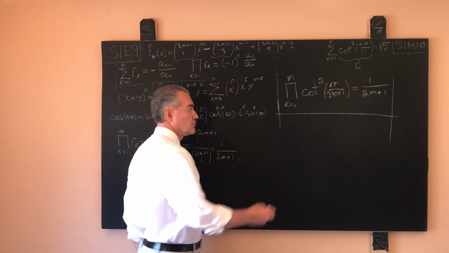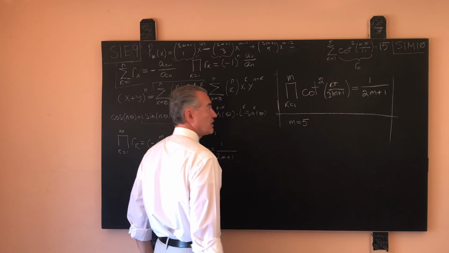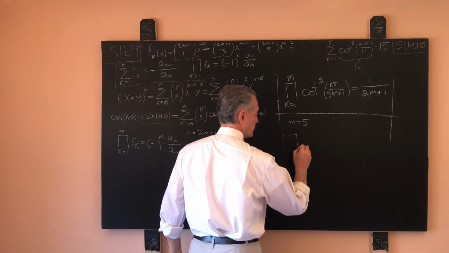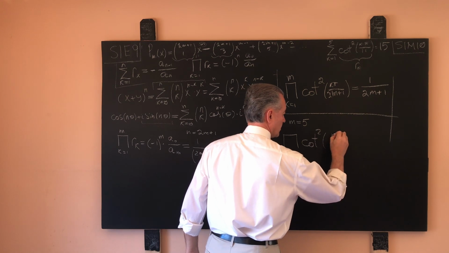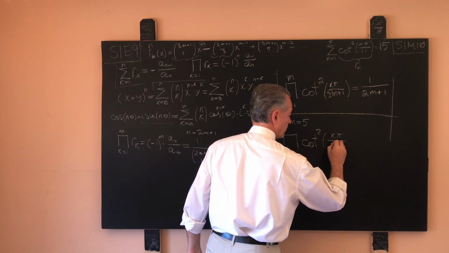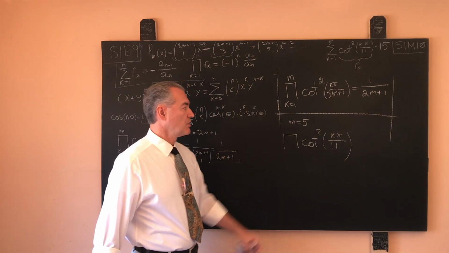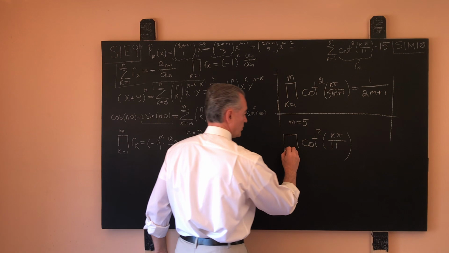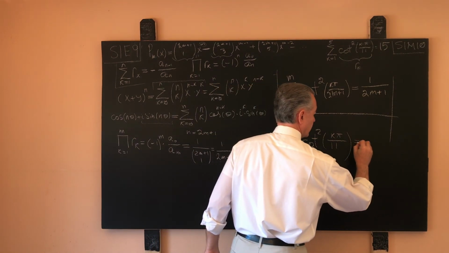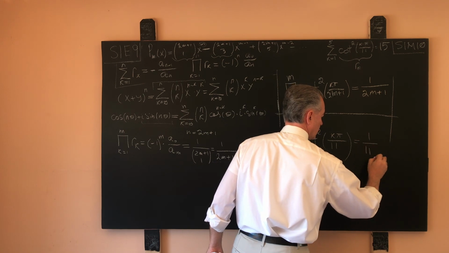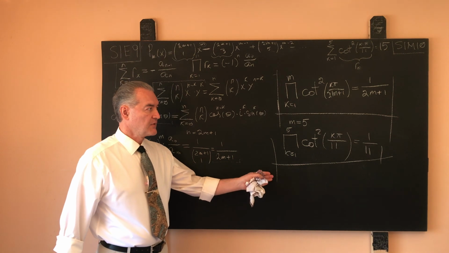In our case, we already know that m is equal to 5, and the product of cotangent square k times pi over 11, this time for a specific value of n, where k varies from 1 to 5, we get the answer 1 over 11.